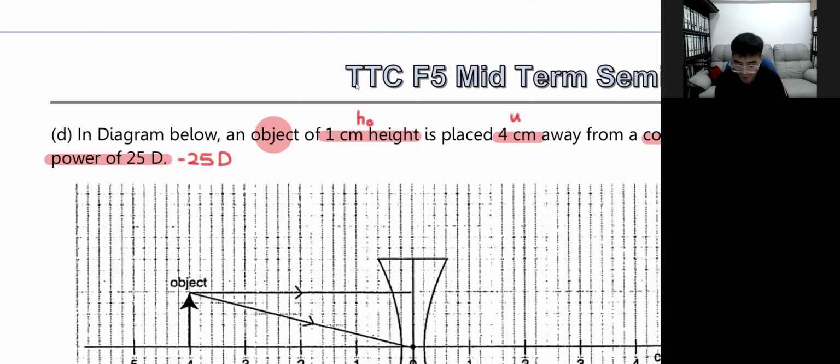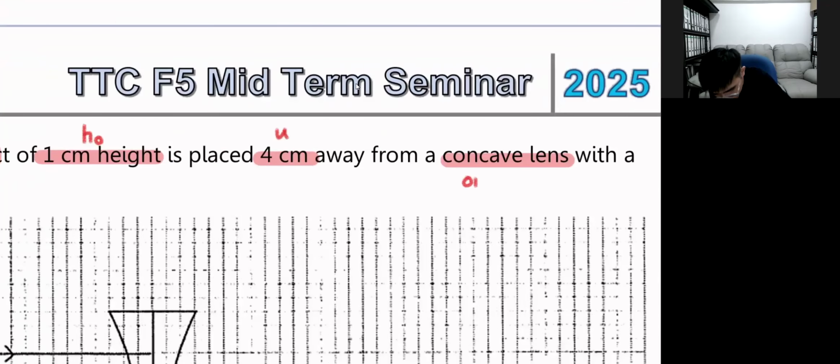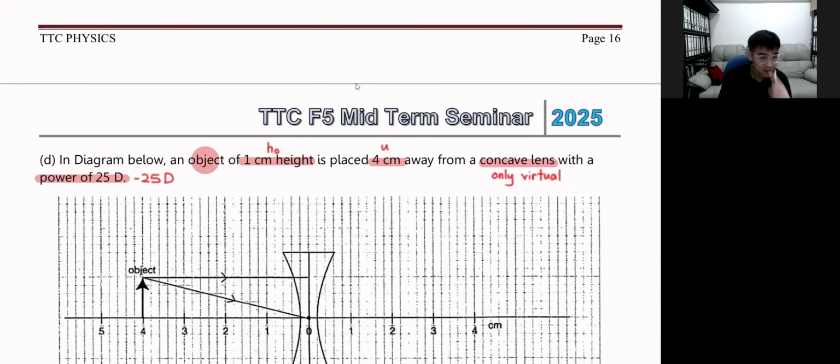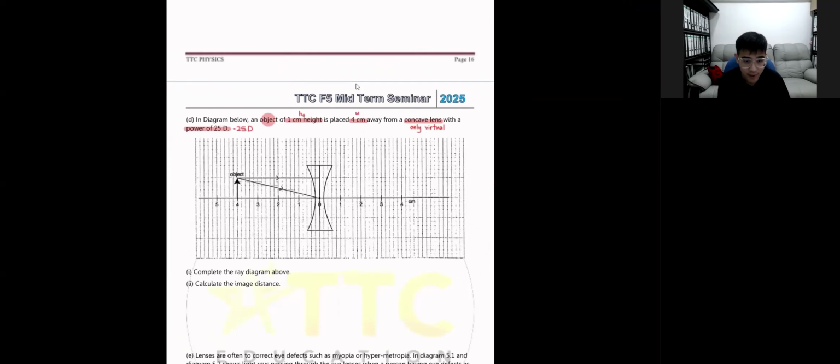So remember, because it's a concave lens, and concave lens only produces a virtual image, and virtual image means the focal length must be negative, and if the focal length is negative, the power also must be negative. Only virtual image. Okay, so if you look at the diagram, you are putting the object 4 cm away from the concave lens, and then what happened?